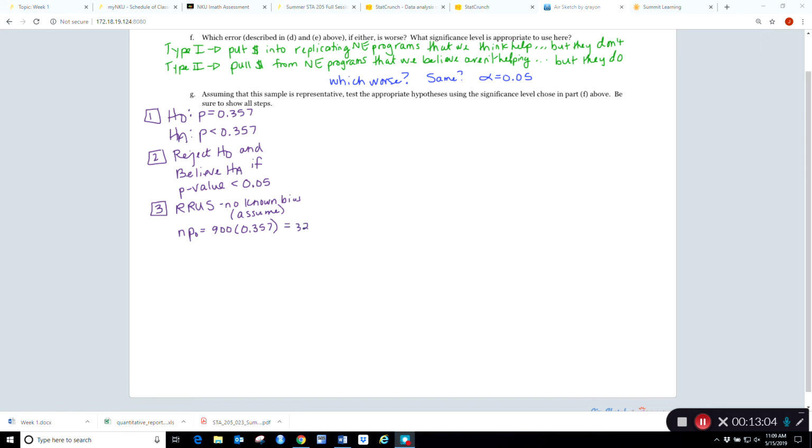Which turns out to be 321.3. So basically, if Nebraska was no different than the rest of the United States, we would have expected about 321 people in our sample to be obese. And then the n times 1 minus p0 gets us 578.7. And both of those numbers are at least 10.